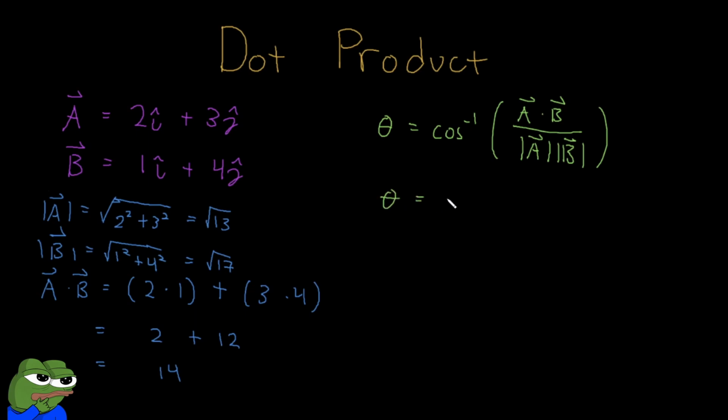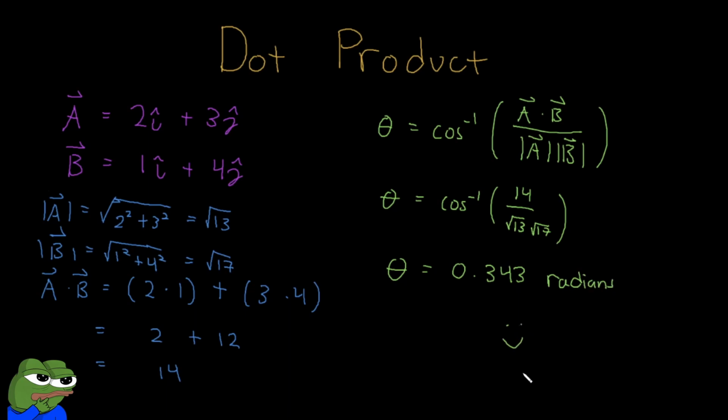Theta is equal to the cosine inverse of A dot B, which is 14, which we solved earlier here, over the magnitude of A, which is root 13, multiplied by root 17, which is the magnitude of B. So we plug this into a calculator and we get 0.343 radians.